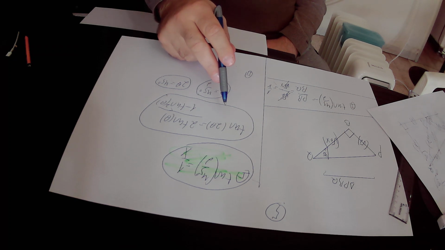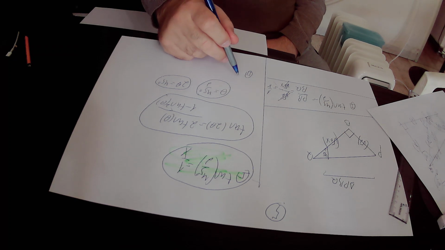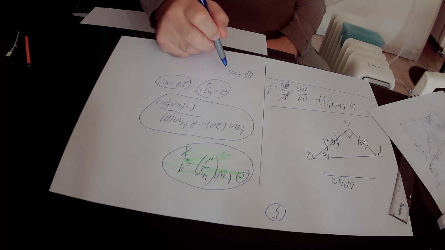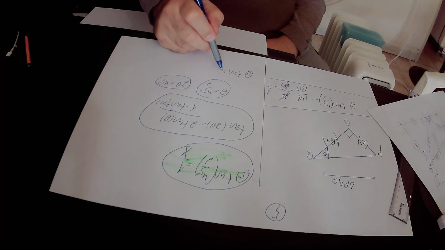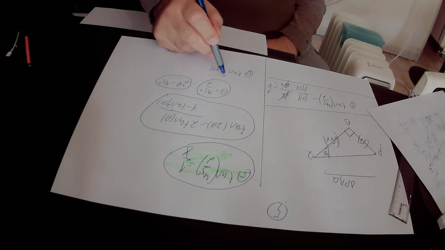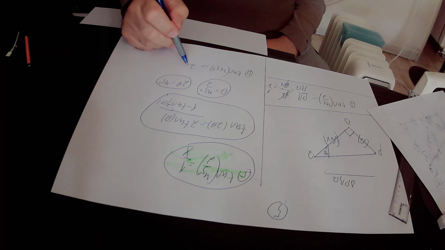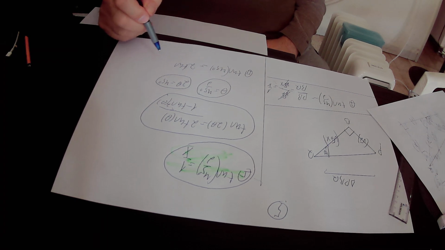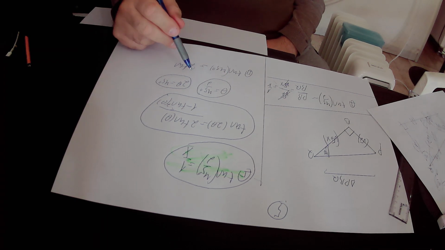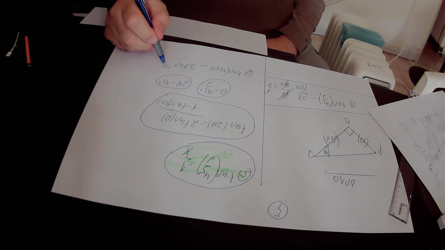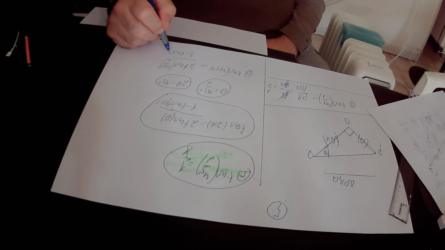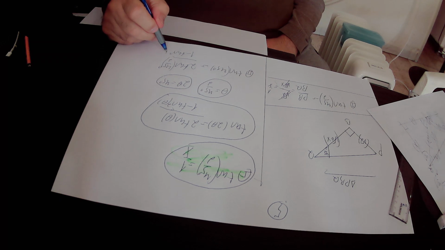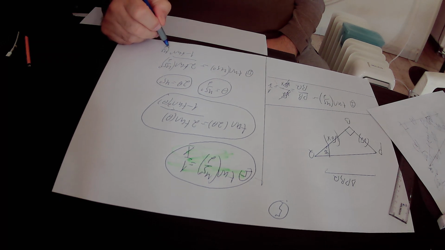And we get that tangent 2 theta, and 2 theta is 45 degrees according to our definition, equals 2 times tangent theta, and theta is 45 over 2 degrees, over 1 minus tangent squared theta.